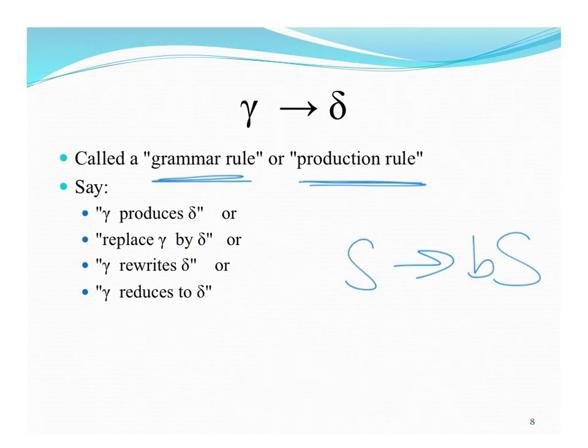In fact, you've heard me informally, though it's not so accepted, say gamma goes to delta, or gamma expands to delta, even though reduces to is the more polite, more official way to say it. So in here I would say S produces BS, or S reduces to BS, or one of these.